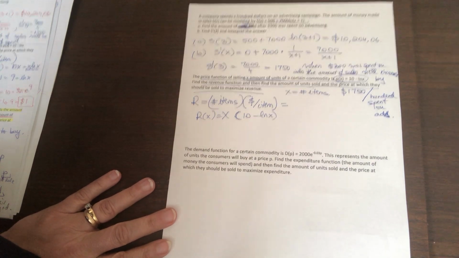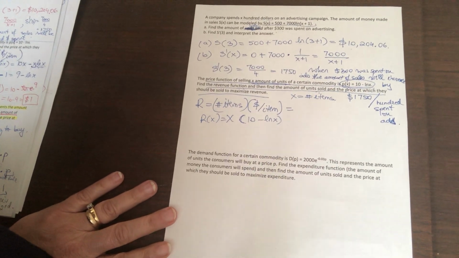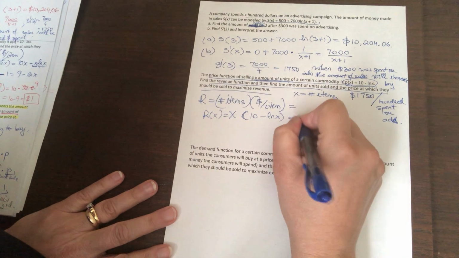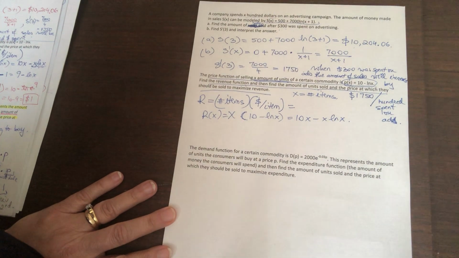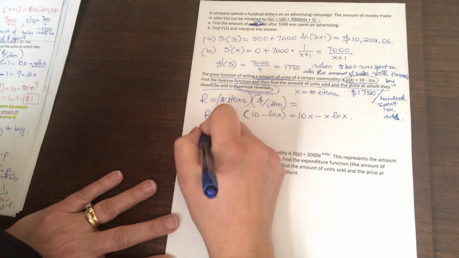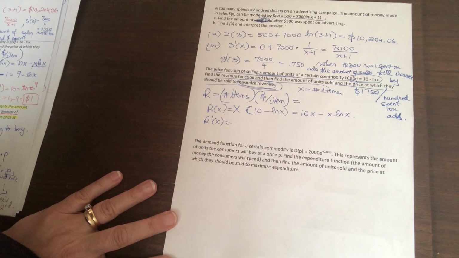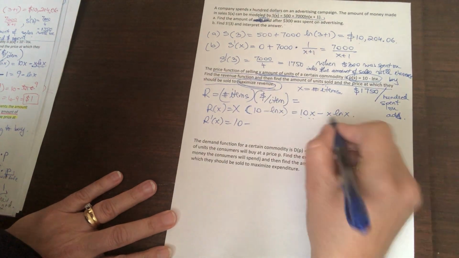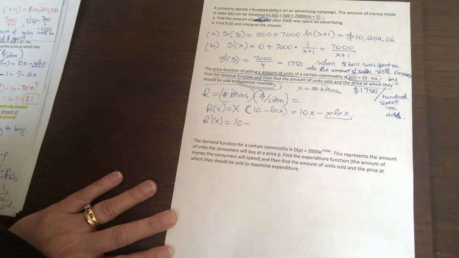Then the same thing in 2.3 with other different types of functions. So what I would definitely do is distribute this, because sure enough, we want to maximize revenue. And how do you maximize revenue? You take the derivative and set it equal to 0, right? So the derivative of 10x is just the 10. The derivative of x ln x, we definitely need the product rule.